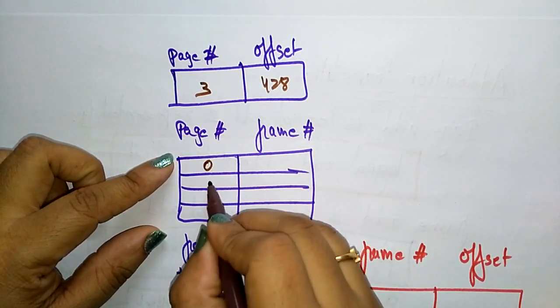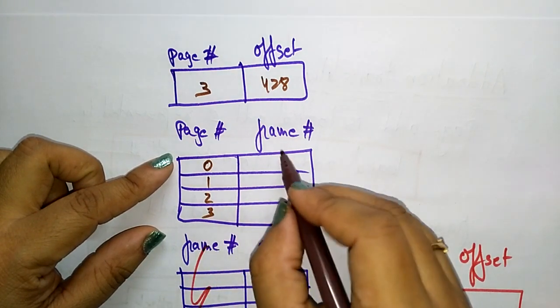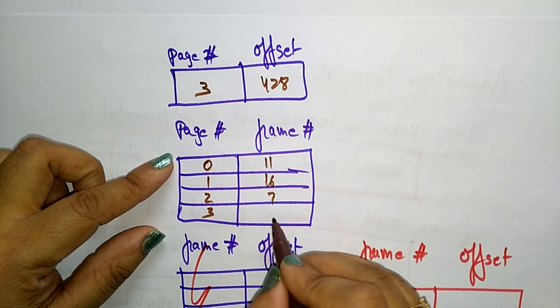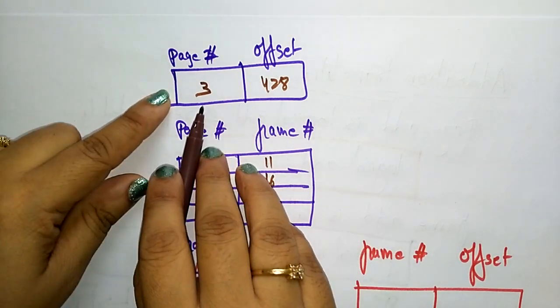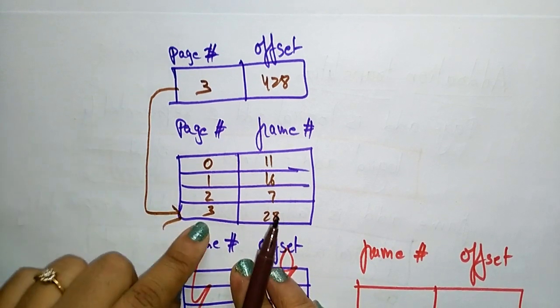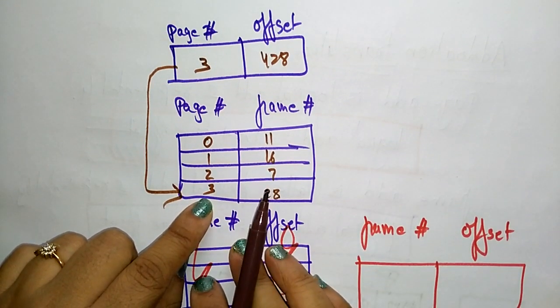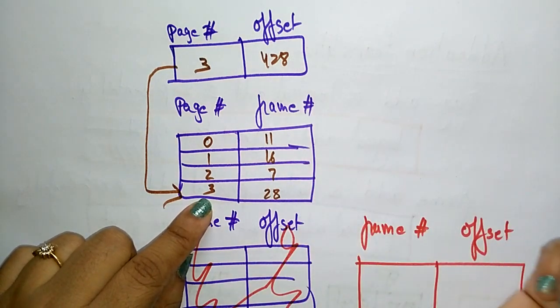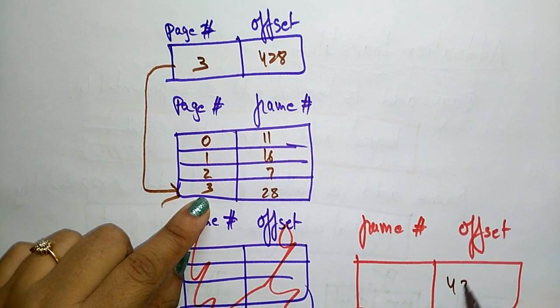In the page table, the page numbers 0, 1, 2, 3 are there, and the related frame numbers 1, 16, 7, 28 are there. So by seeing this page number, the control will come to this page 3. Here 428 is the offset and 20 is the frame.